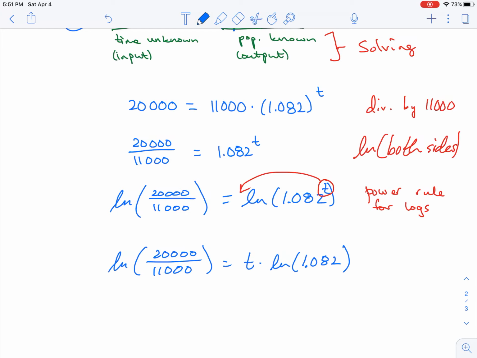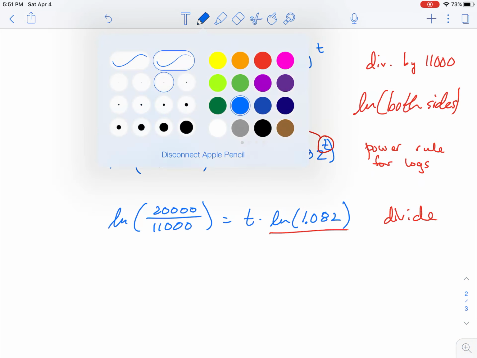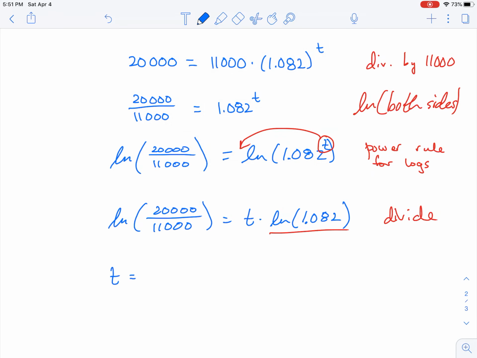And the log of 1.082 is just some number, so we can now divide. And we have t is equal to log of 20,000 divided by 11,000, and all of that is divided by log of 1.082.